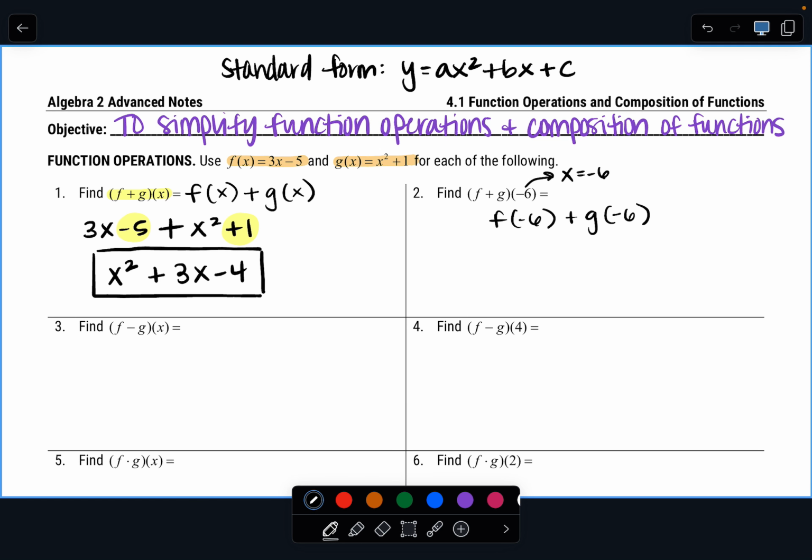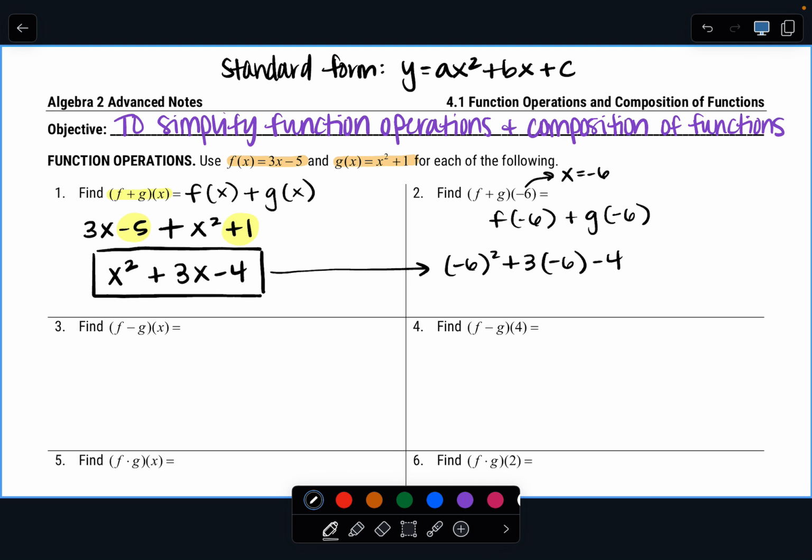So since I already created f plus g of x, I'm just going to take the equation I have, and in the x parts, I'm going to plug in negative 6. Now, even if you did this as two separate operations, f and g, and then added together, we should still get the same answer in the end.